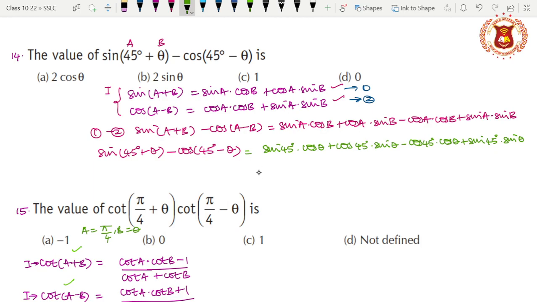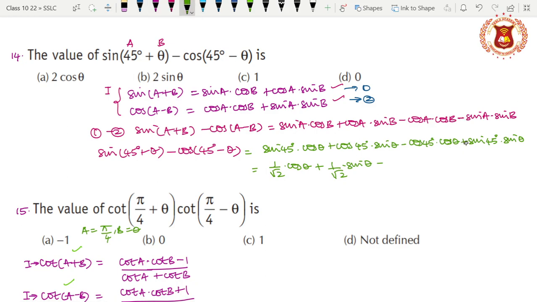Now, as we all know, sin 45 degree is 1 by root 2 into cos theta plus cos 45 is 1 by root 2 into sin theta. Minus, sir, I forgot to write a minus sign here. This minus sign is multiplied to both terms here, therefore you will get a minus sign here.